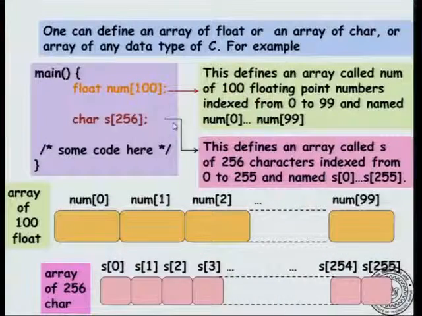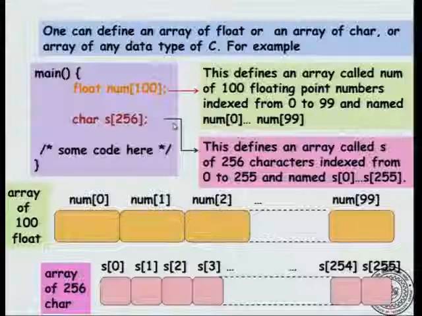Depending on the size of the data type involved, obviously the size of the array will be different. So the float array will be of size 100 times the size of a single float, and the character array will be of size 256 times the size of a single character, and so on.